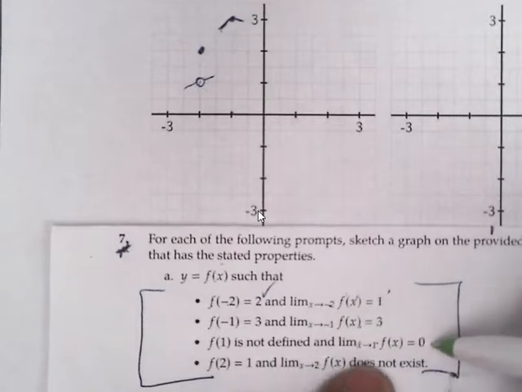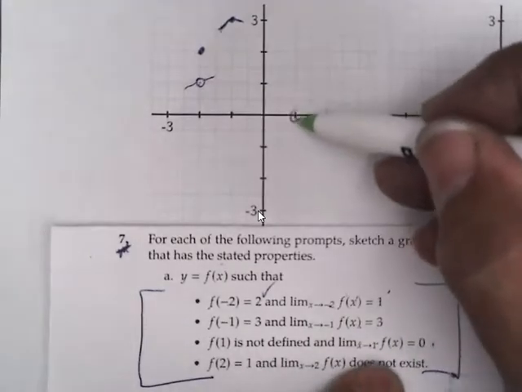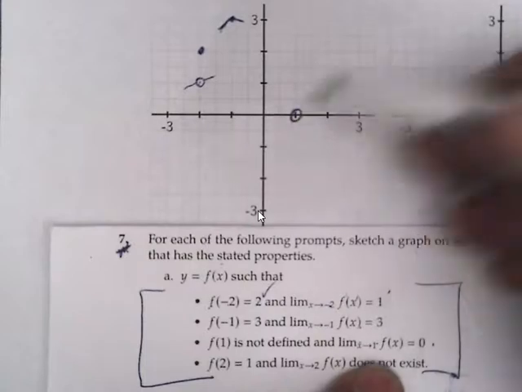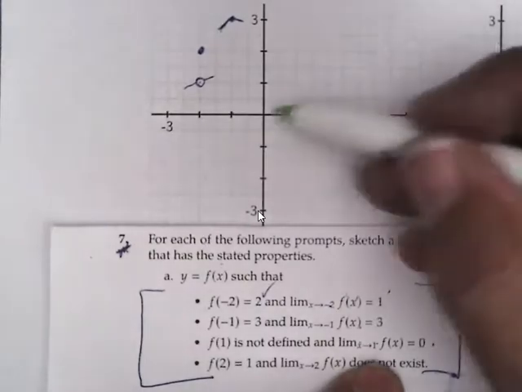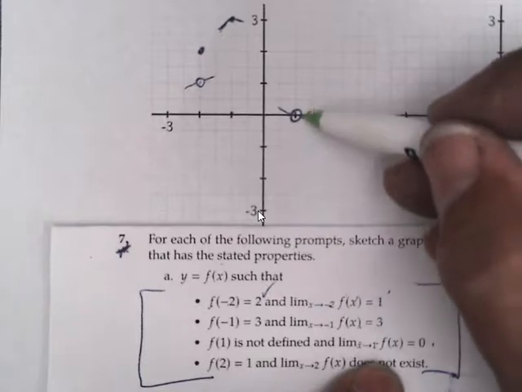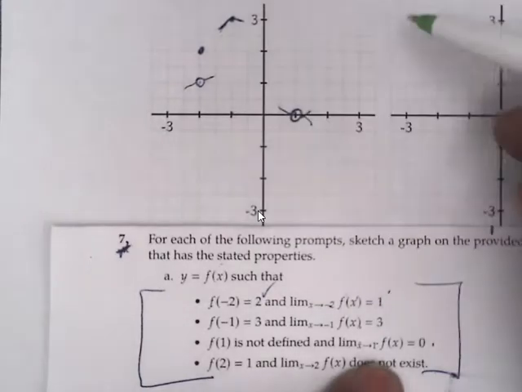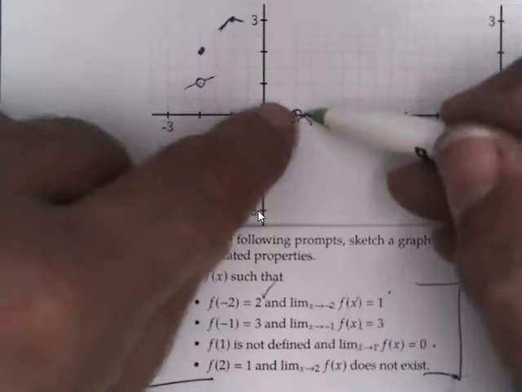We're supposed to have a height of 0. So we get a height of 0, but there is no value, so there's a hole. As we get close to 1, it approaches this height of 0. It could go up, it could go down, but it has to go towards this from both sides.